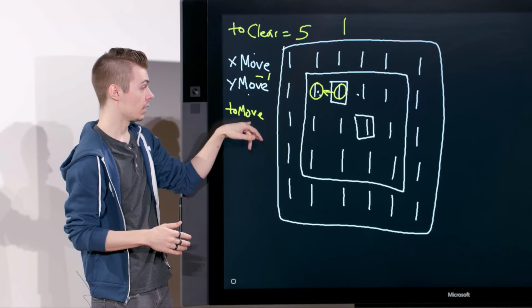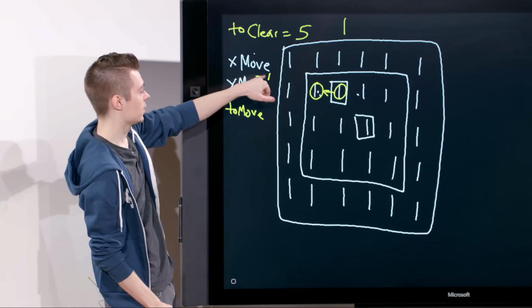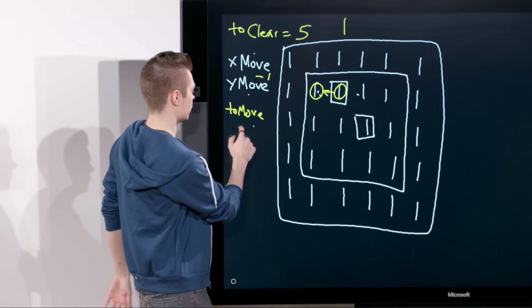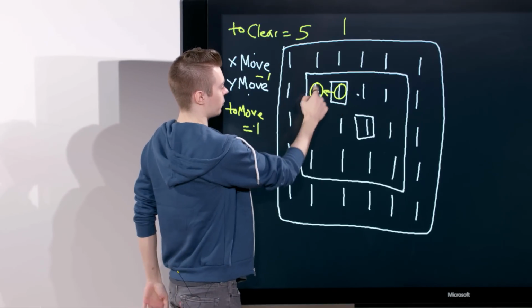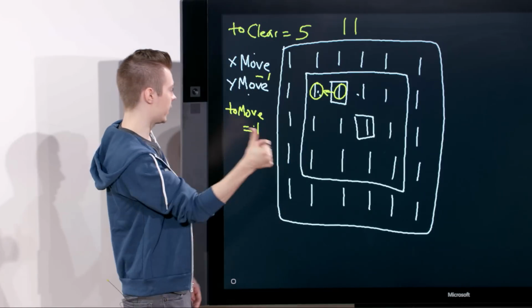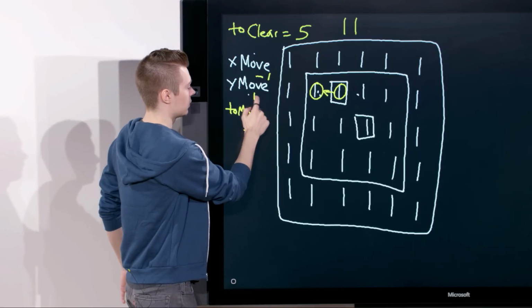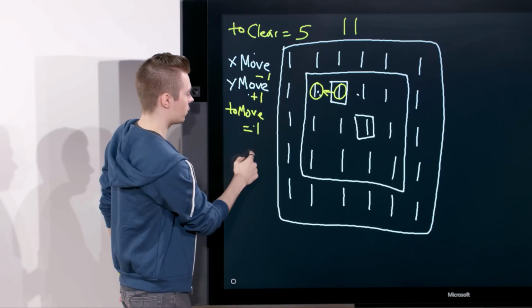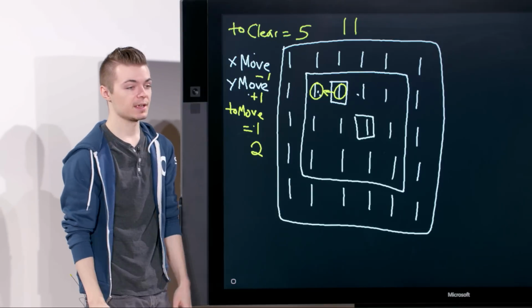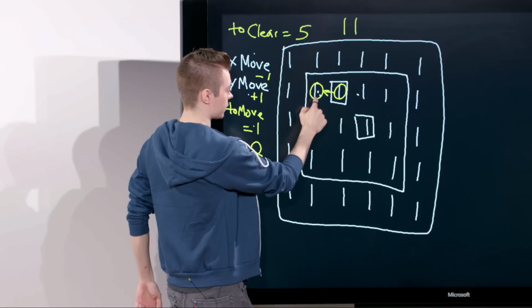So let's say we did X move -1, and we only got times to move equal to 1, right? So we only move here. We move once in this direction, so we've got 2 spaces. And then let's say we flip a coin again, and we got Y move positive 1, and times to move, we got 2. So we're going to move 2 tiles in the Y direction, which is a result of us going down here.